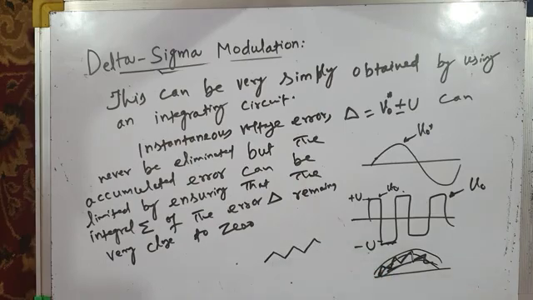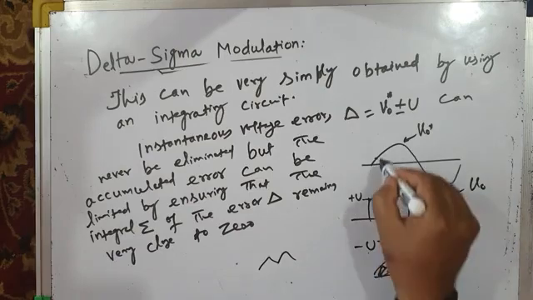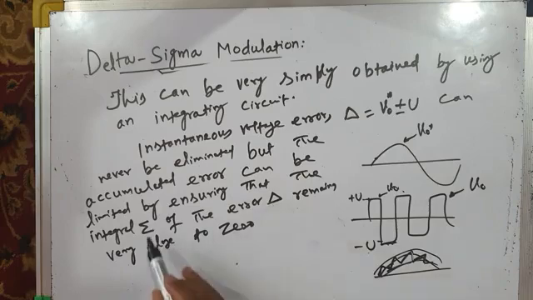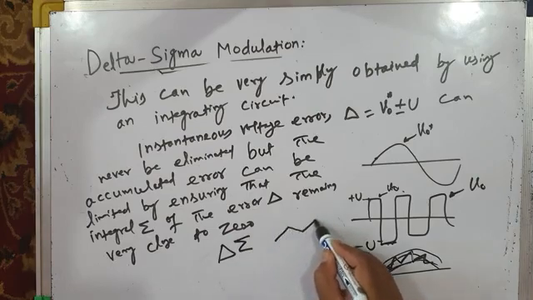So in this case, the error between V naught star and V naught is not like this. But if this error between the reference voltage and the actual voltage is integrated, if delta is integrated, you are taking sigma of delta, then your integrated error, delta sigma, becomes something like this.